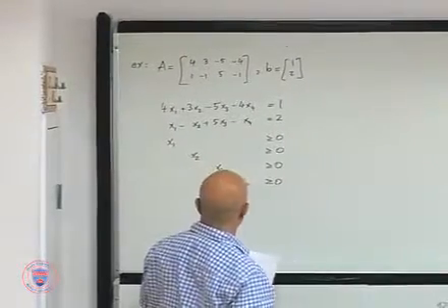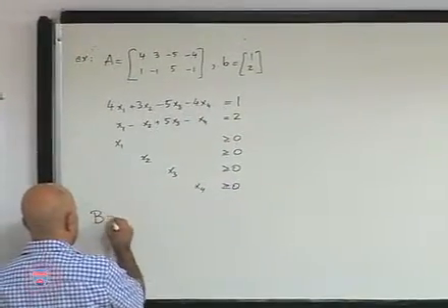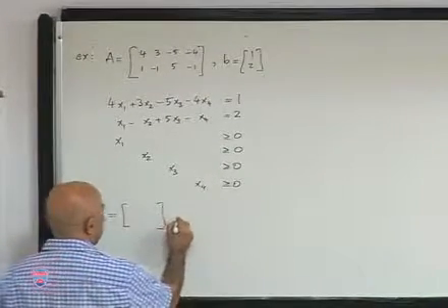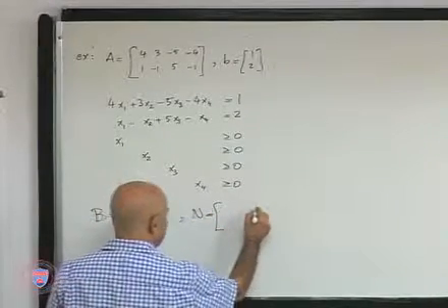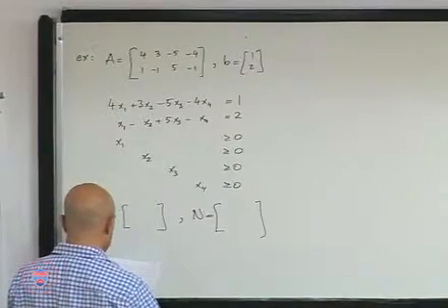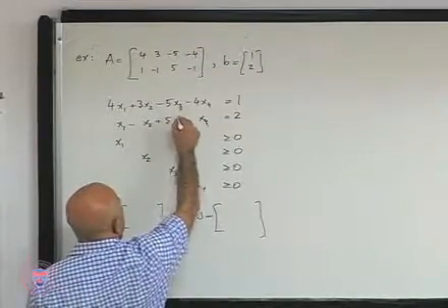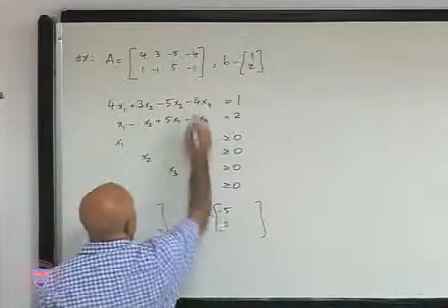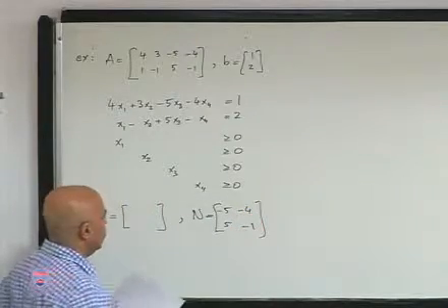So in this case, let me take, for example, B equals something and N equals something else. For x, I happen to pick x3 and x4, so the columns associated with x3 and x4 are -5 and 5 and -4 and -1. That's how you partition.